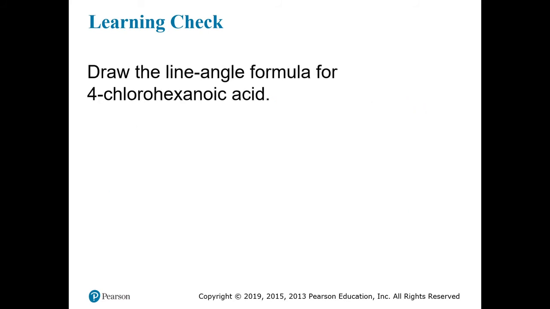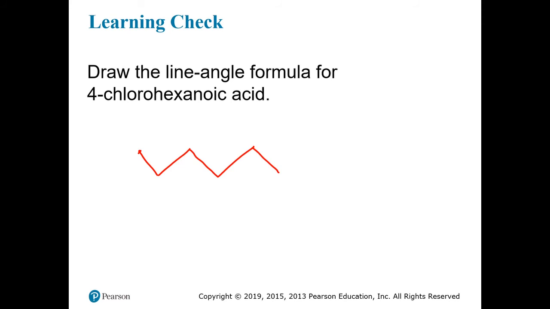Next, we're asked to draw the line-angle formula for 4-chlorohexanoic acid. The line-angle formula means we start with a zigzag. So this is 1 carbon where you put your pencil down. That's 2, 3, 4, 5, 6.